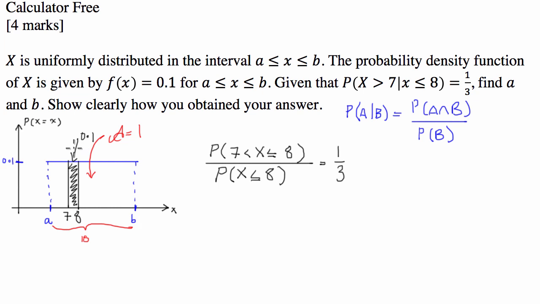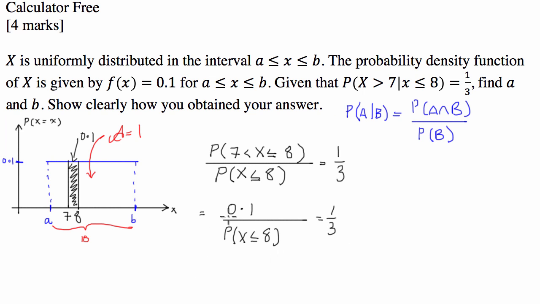It's 0.1 high, so 0.1 times 1 is, would you believe it, 0.1. So we can rewrite this as 0.1 divided by the probability that x is less than or equal to 8, and that's going to be equal to a third.